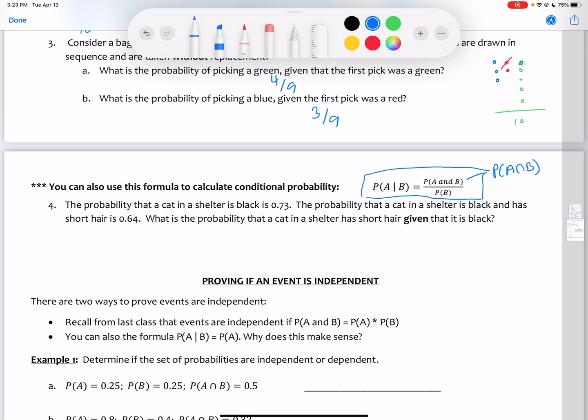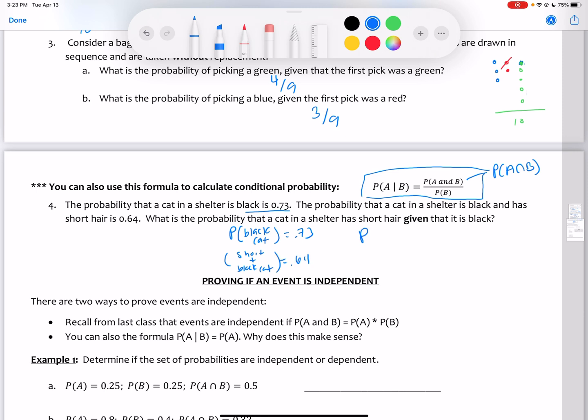So the probability that a cat in the shelter is black is 0.73. The probability that the cat is black and has short hair, so short and black cat, is 0.64.